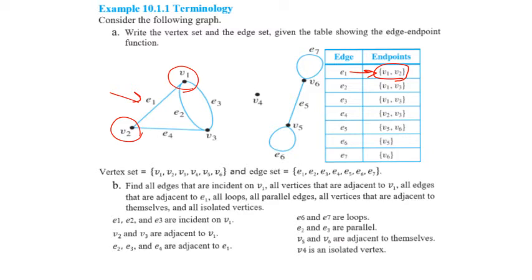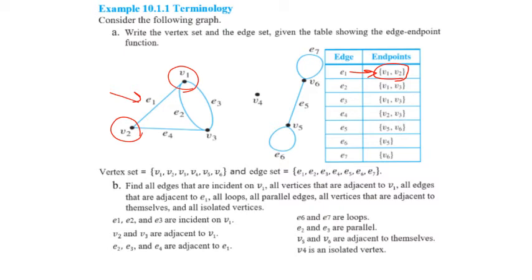Also, E4 has the endpoints V2 and V3 in a similar way, and E5, which is here, again has two vertices in its endpoints, V5 and V6.